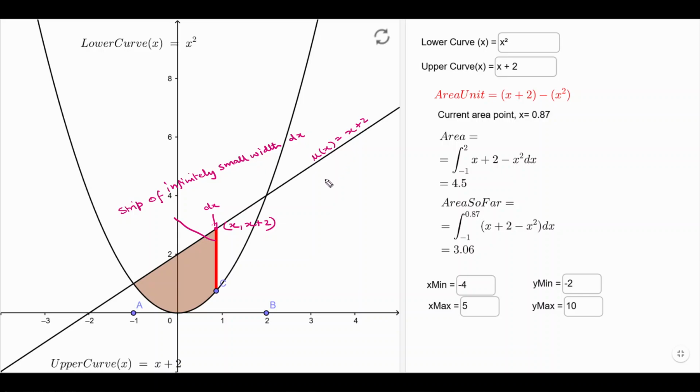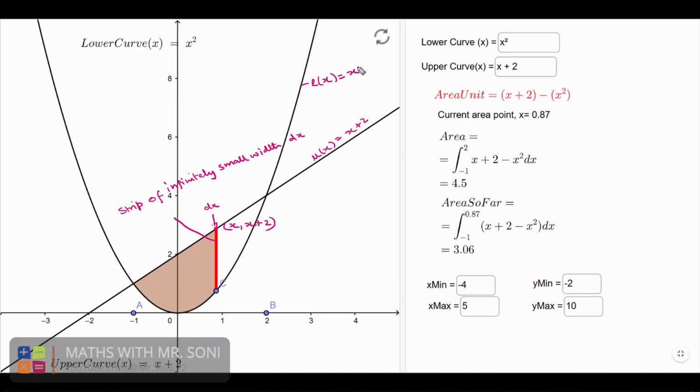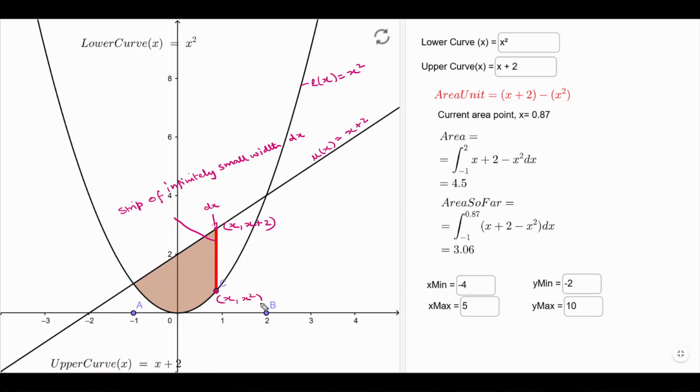The upper function is the function of line, that is u of x is x plus 2, and the lower function is given by x squared, the parabola. So the coordinates of the lower point will be x comma x squared.